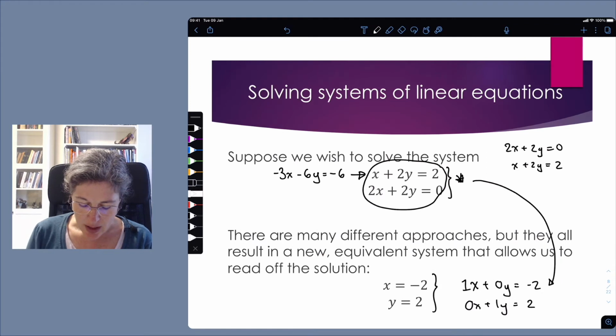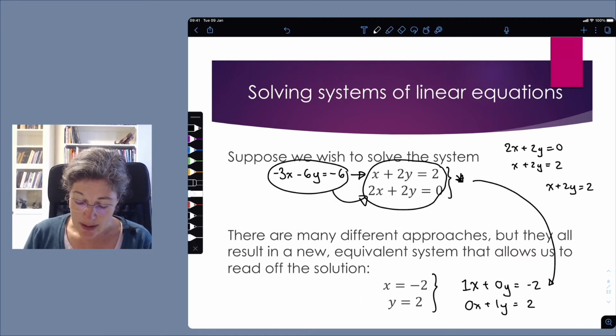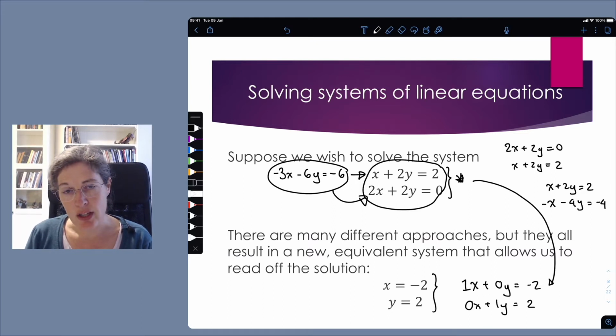Well, I could have x plus 2y is equal to 2, and then I could add this multiple to my second equation, so I'd get minus x minus 4y is equal to minus 4, and I still won't actually have changed the solution set.